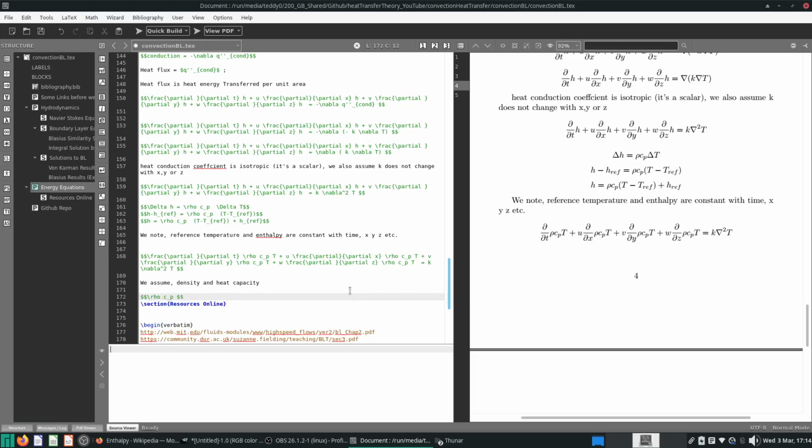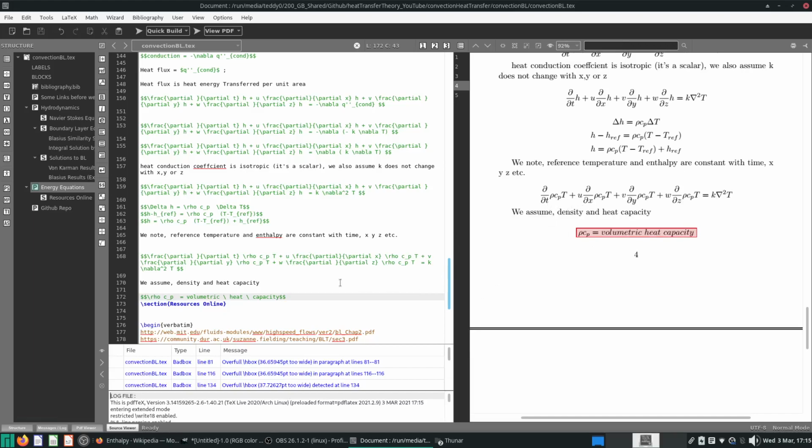Rho Cp, we call it volumetric heat capacity. And we assume the volumetric heat capacity doesn't change with time, x, y, z. Because Cp is heat capacity per unit mass, but rho is mass over volume. So this whole thing is heat capacity over volume.